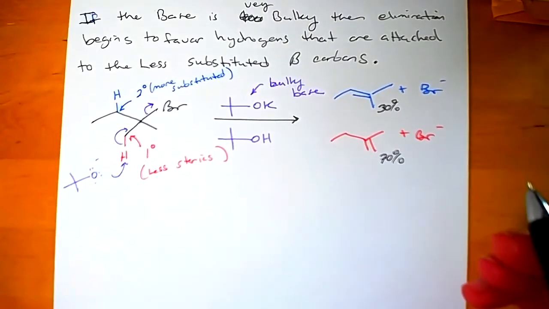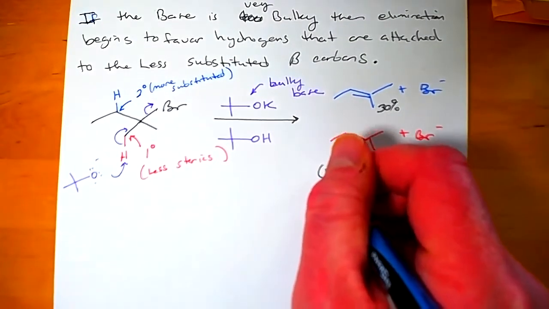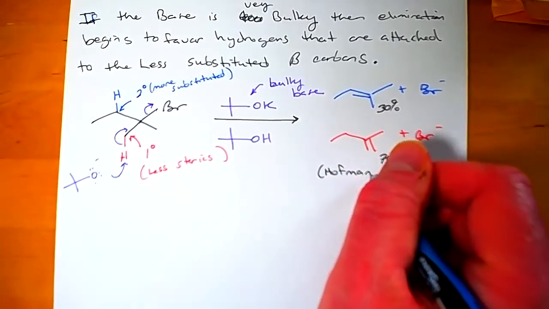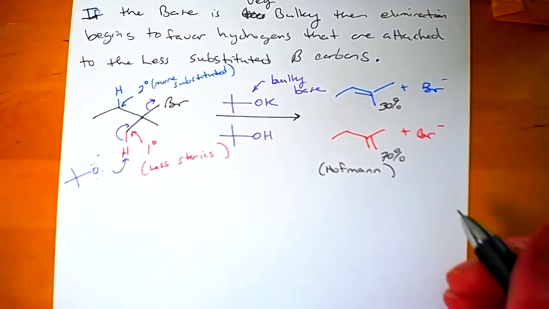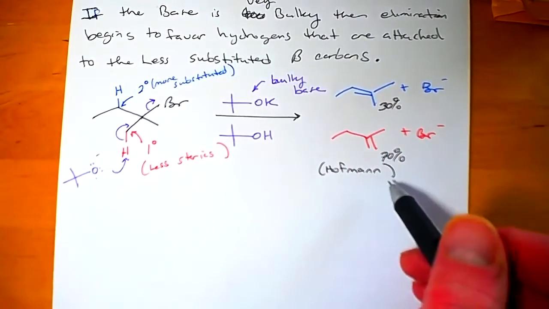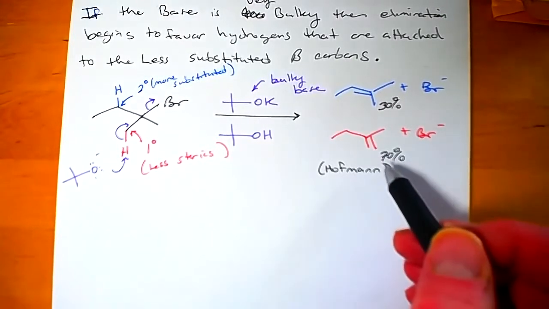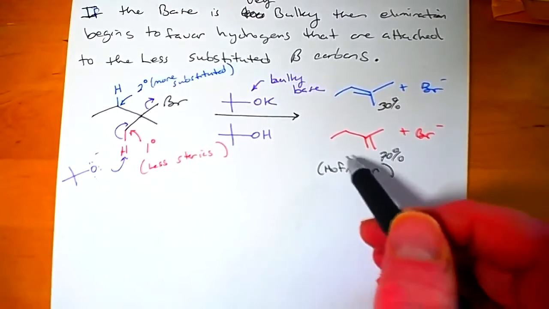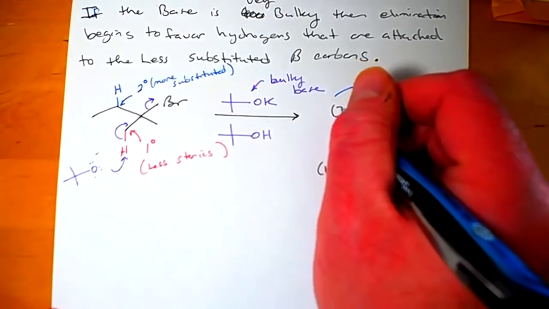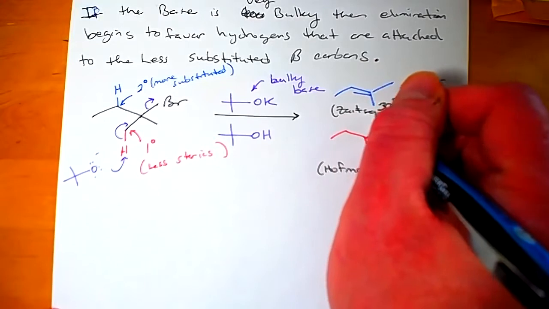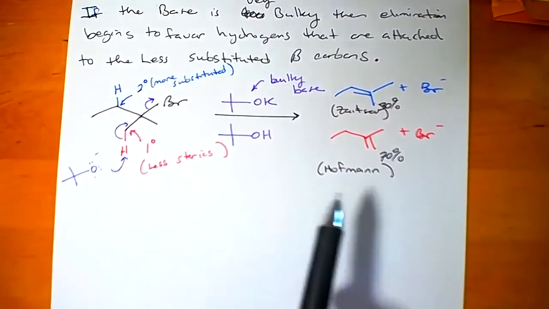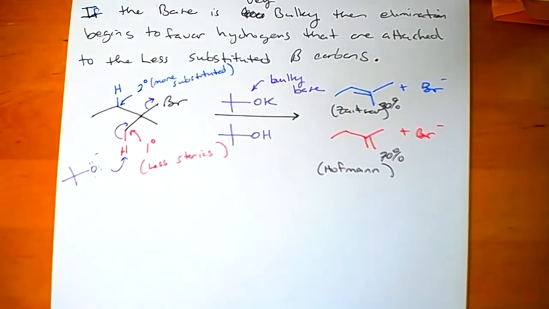Now, here's just some terminology to throw in there. This is sometimes referred to as the Hofmann product, okay, named after August von Hofmann, who studied systems like this using quaternized nitrogens, which we'll talk about towards the end of the course. But this is just showing you that you can't just blindly apply Zaitsev's rule. You have to be careful about that.